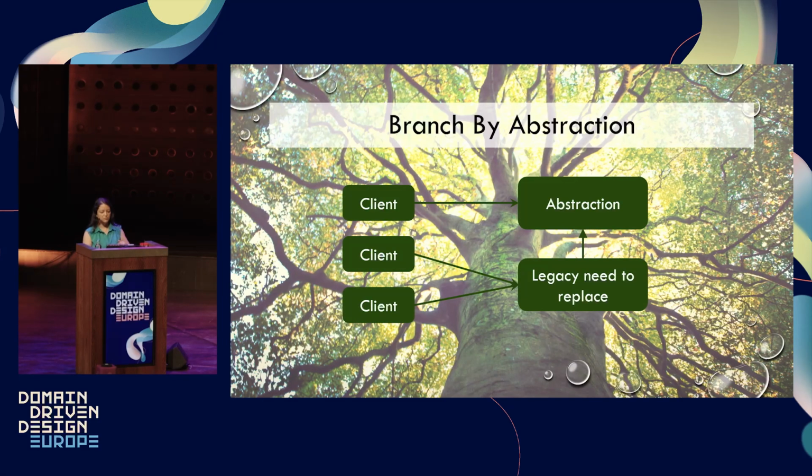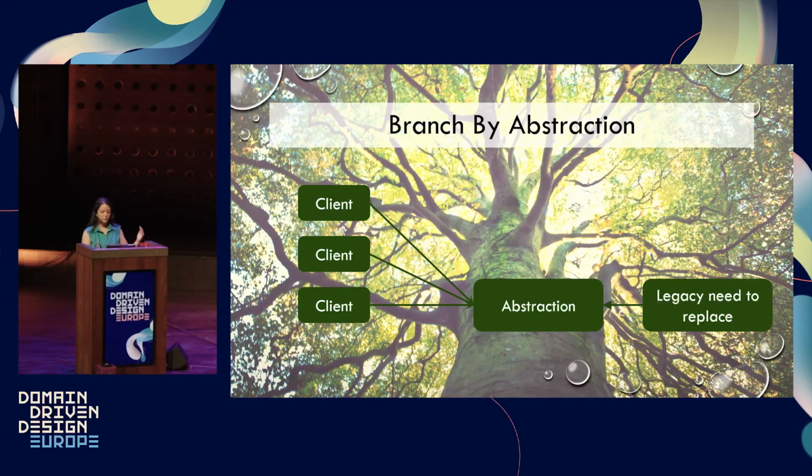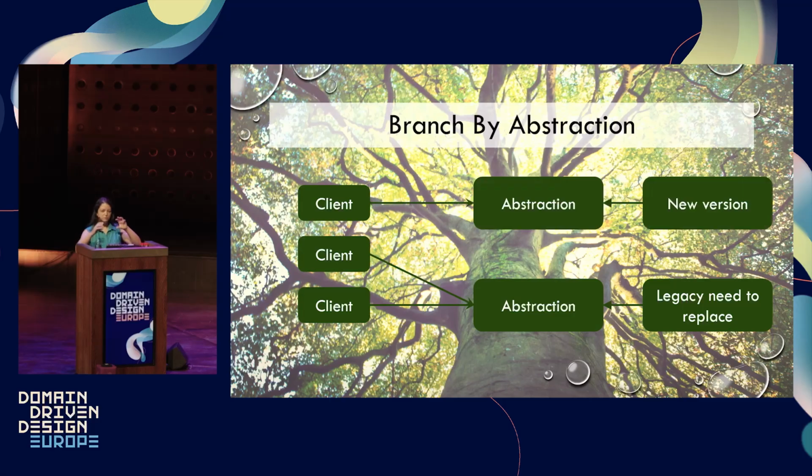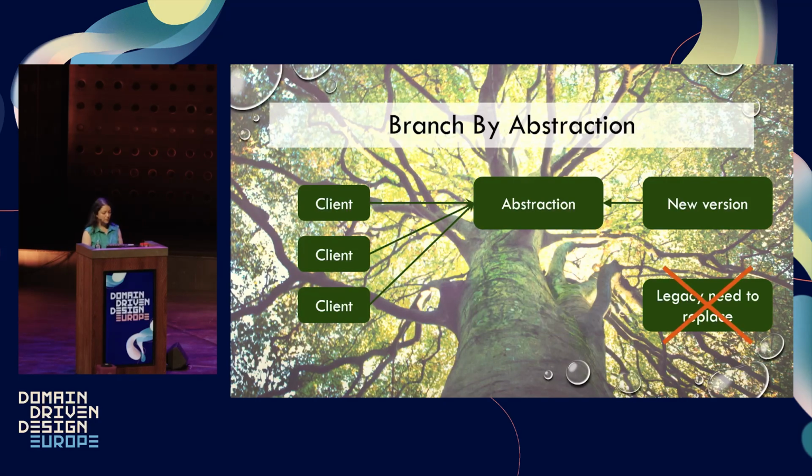We check if it's OK. We move all the clients to that abstraction. And then we create the new version which implements the same abstraction. We test on one client. And then, if it's OK, we redirect all the clients to it. And at the end, we remove the legacy one.